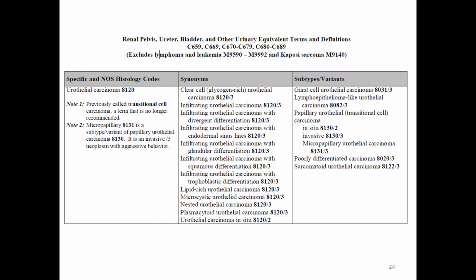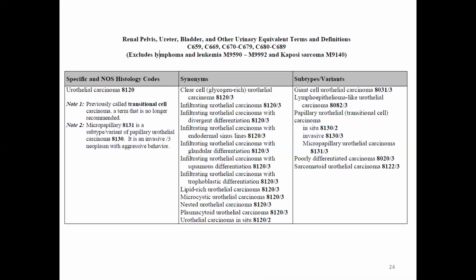From the Solid Tumor Rule Manual, these will be the most common histologies that you will see in the urinary system. Remember that the first column shows the NOS code, the second column shows the synonym, and the same code as the NOS. The third column is where we need to pay attention if we have a subtype variant of the NOS.